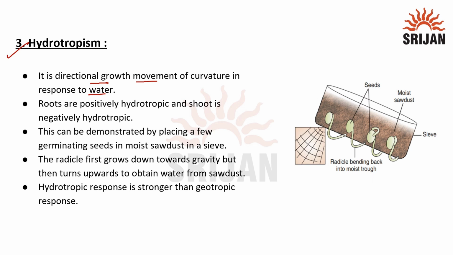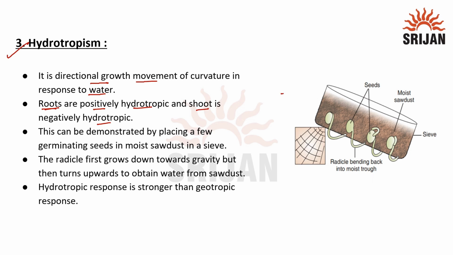The shoot region always grows in the opposite direction to the water, but the root region always grows towards the water. So roots are positively hydrotropic because they grow towards the water, and the shoot is negatively hydrotropic because it grows against the water.